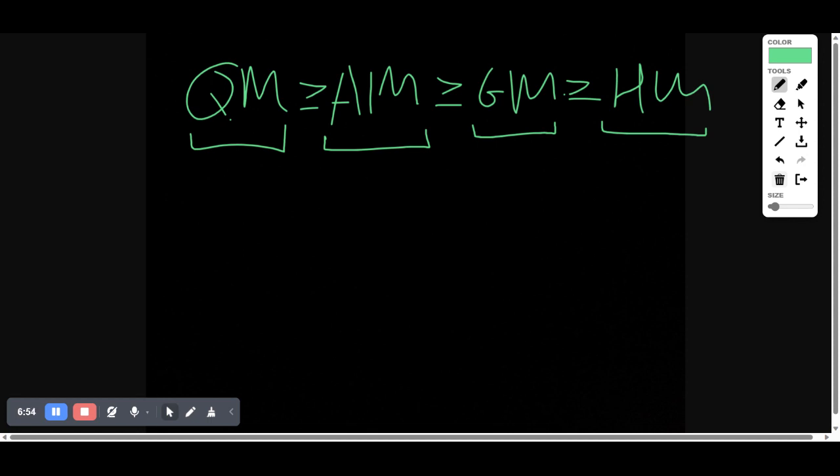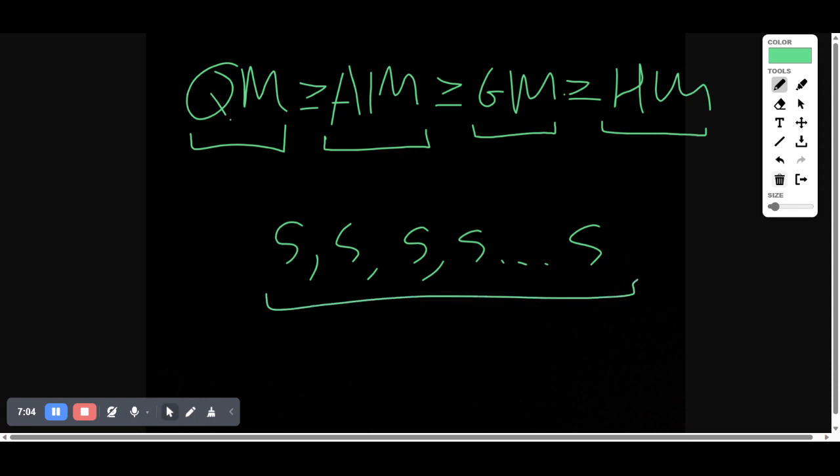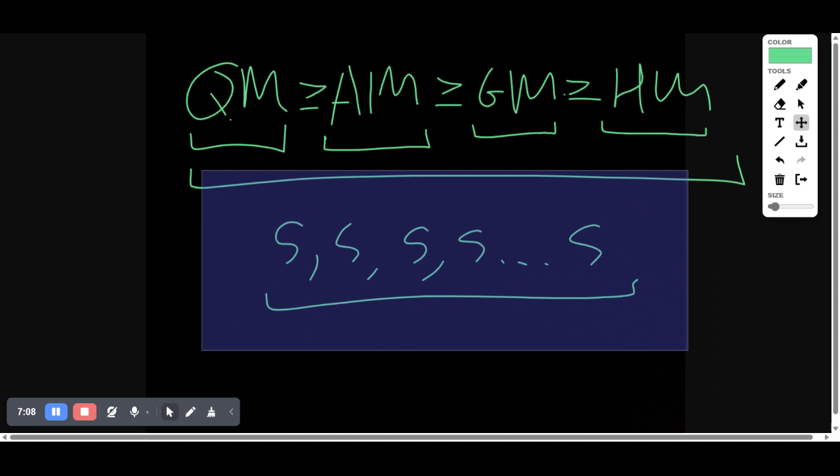These are only all equal when the numbers in the sequence are all the same number. For example, 5, 5, 5, 5, a bunch of fives. These are all equal numbers, so all four of these means will be equal.